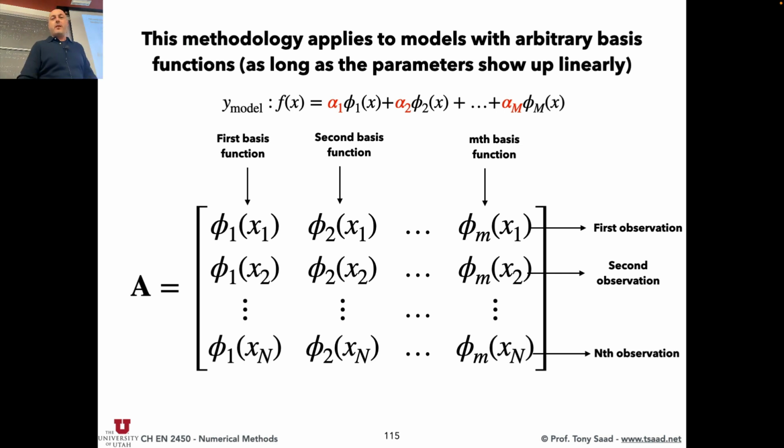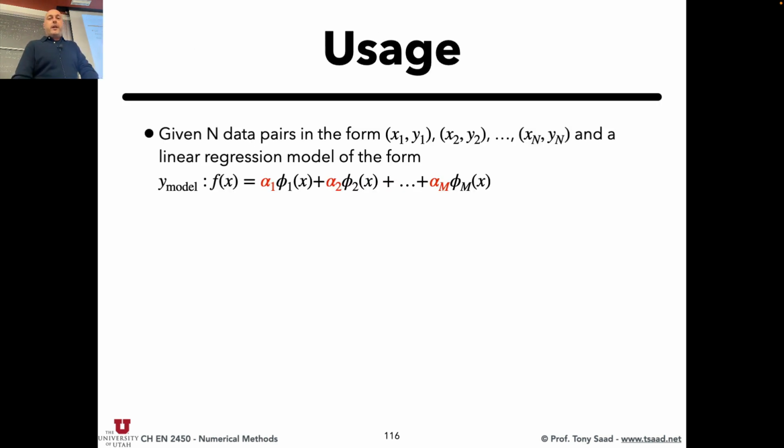Okay. So here's how we're going to use it. Given n data pairs in the form of x1, y1, x2, y2, up to xn, yn, once we do some examples, the idea becomes very clear in your mind. You'll see.